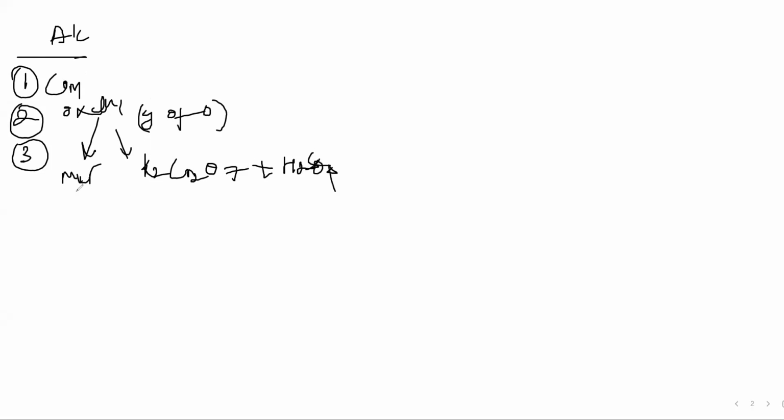The oxidation of alcohols will result in carboxylic acid. So if it's ethanol, we get ethanoic acid; propanol, propanoic acid. The carbon number doesn't decrease, only the number of oxygen atoms has increased, so the functional group changes.